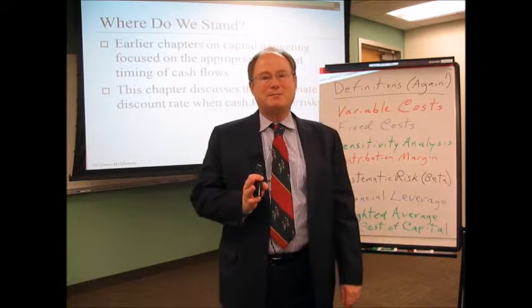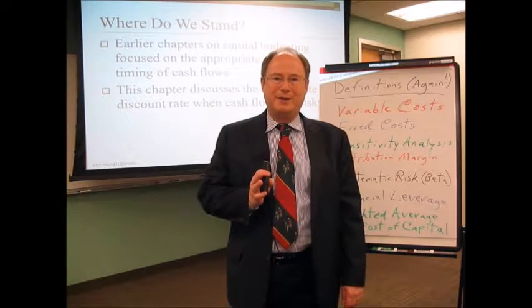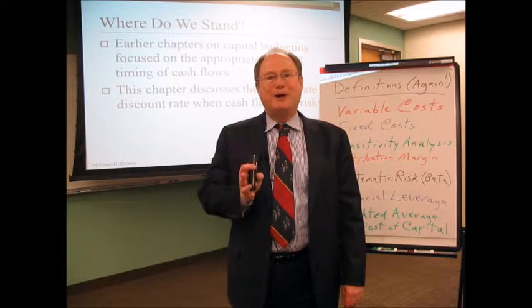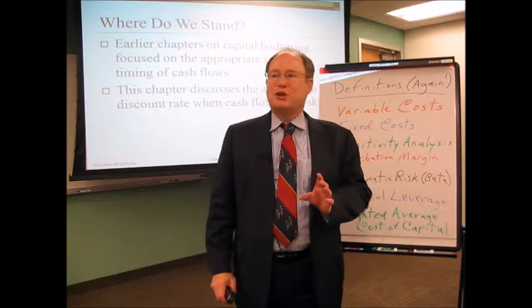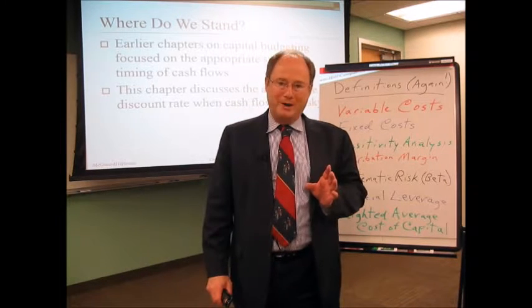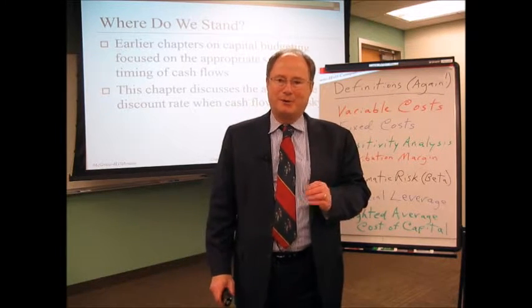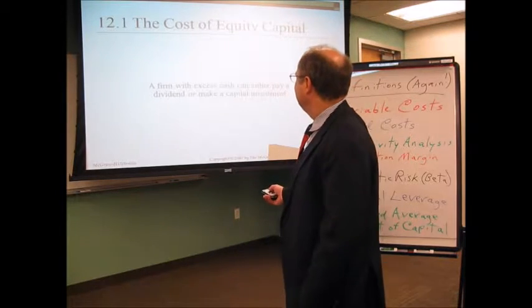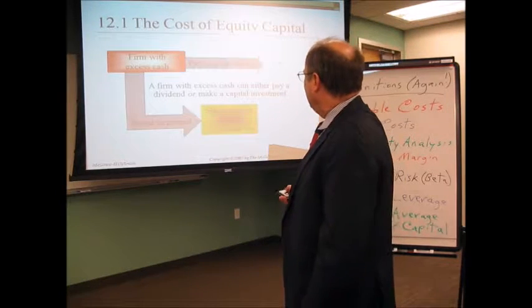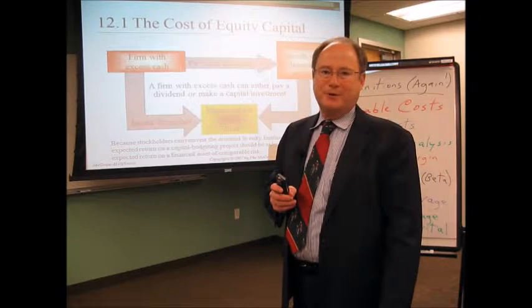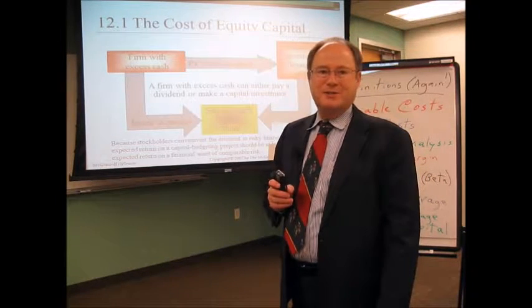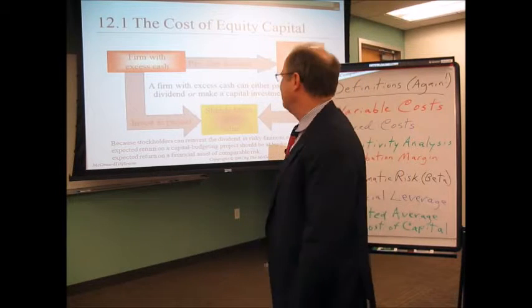Companies that finance themselves with equity only are financing their company with the highest cost form of capital. That's why this chapter focuses on the weighted average cost of capital. Now, in order to talk about the weighted average cost of capital, it makes sense to understand what the cost of equity is.